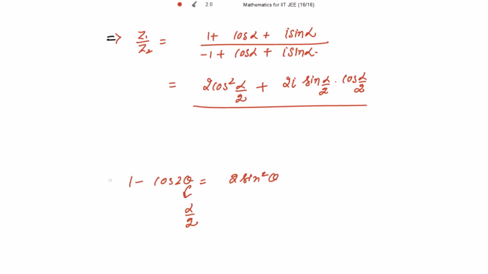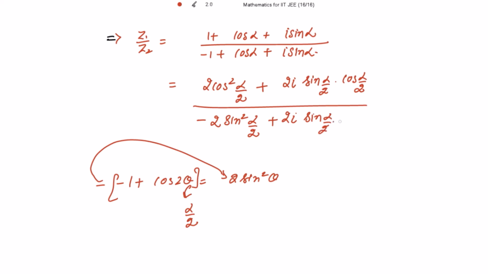So for that, just take the negative sign outside and shift this negative sign over here. So I get minus 2 sine square alpha by 2, right? Plus, similarly, iota sine alpha can be written as, yes, sine alpha is 2 sine alpha by 2 into cos of alpha by 2.